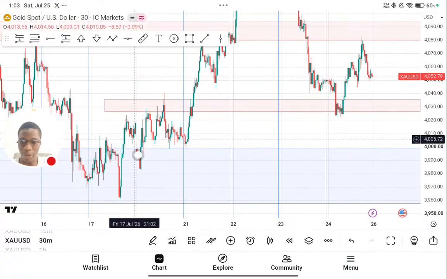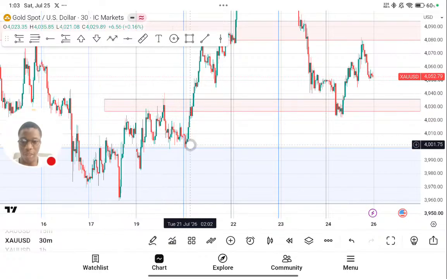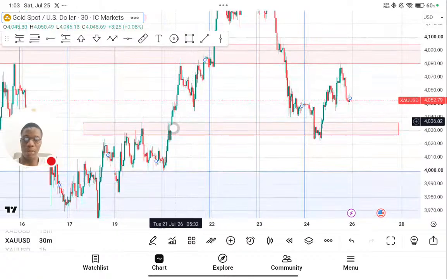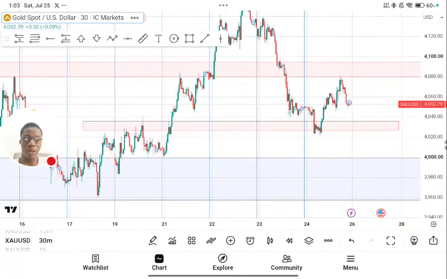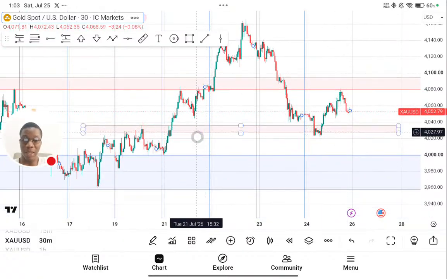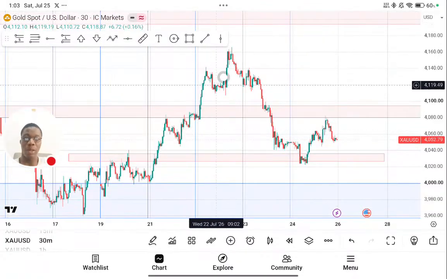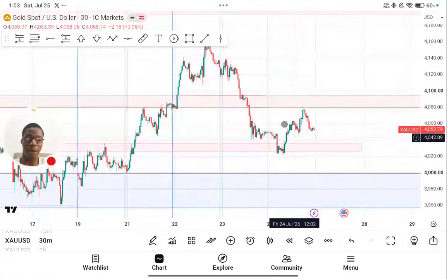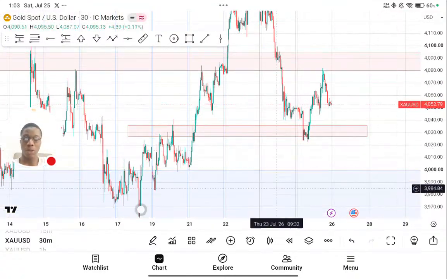Price came once, twice, thrice, 3 times. That goes to tell you there is a zone here. It broke above it and went all the way up without retesting this zone. The market is back at that zone and it's reacting. Do you understand? So that's how you mark your support and resistance.